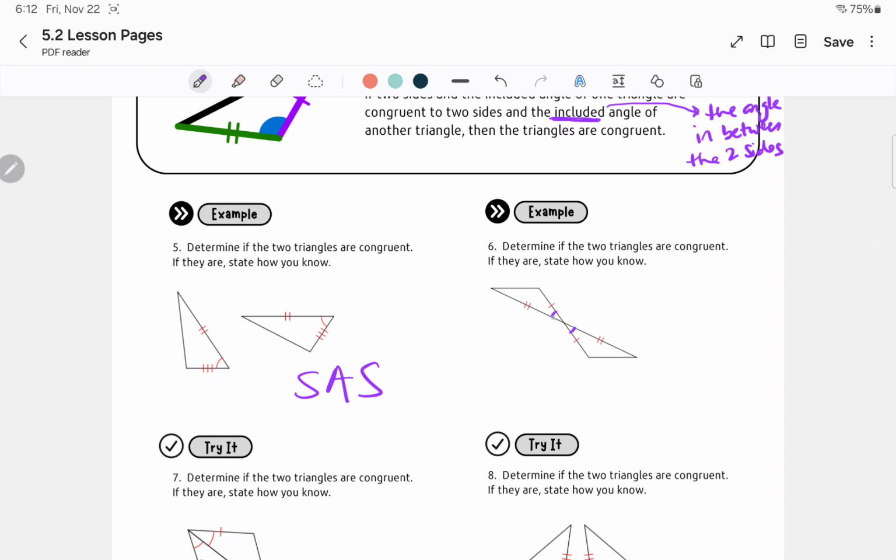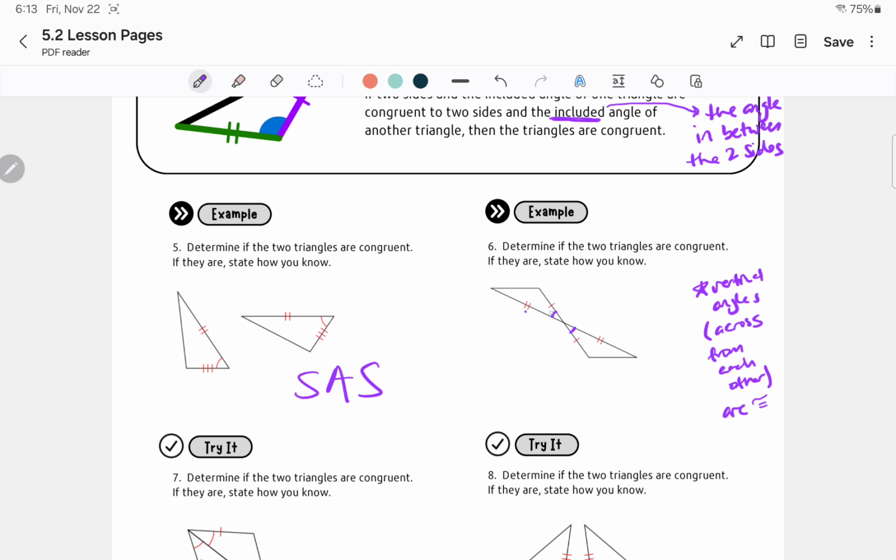See how I put a swoop here and a swoop here because vertical angles are across from each other. We can also make another little note that vertical angles, meaning across from each other, are congruent.